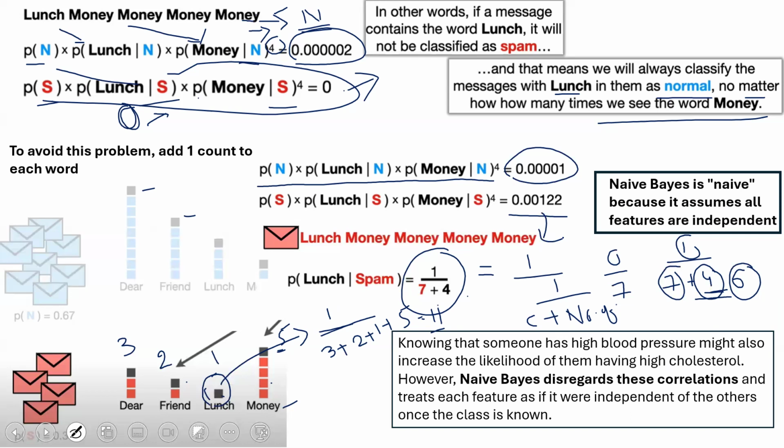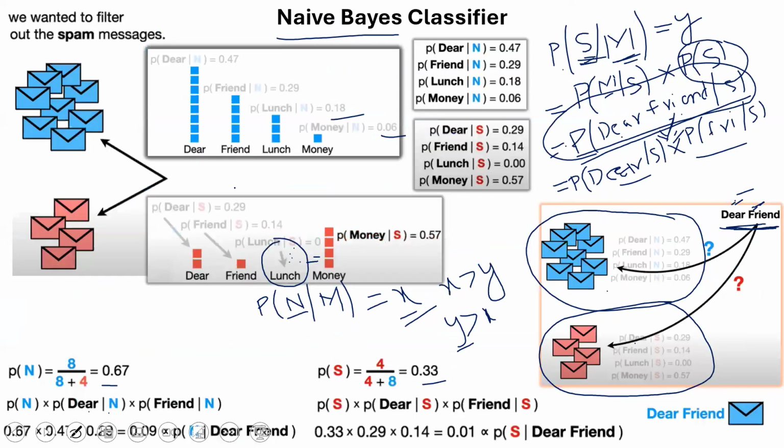Laplace correction is nothing but the initial frequency plus 1, divided by the total frequency of the words plus the number of features. If you want to understand this better, earlier, what is the probability of money? Money is calculated by 4 by 7, right? If you go back to the old slide, how did we calculate it?